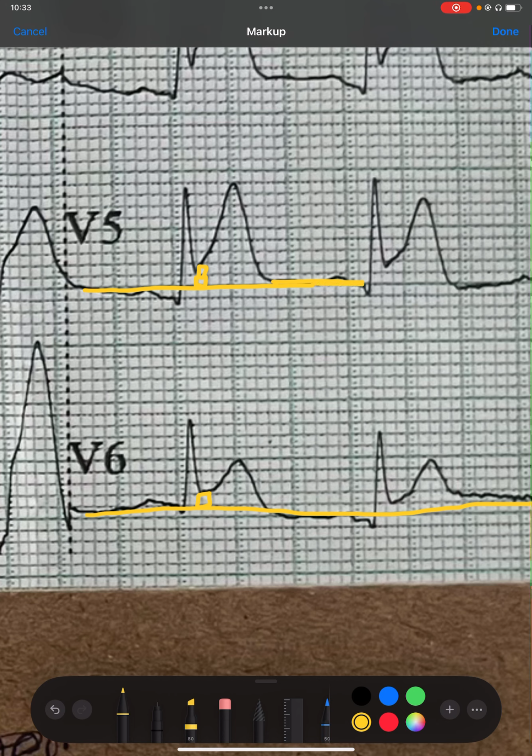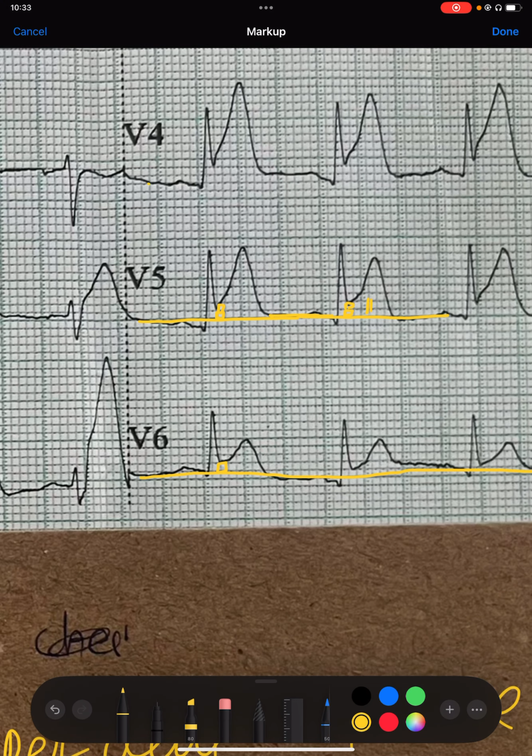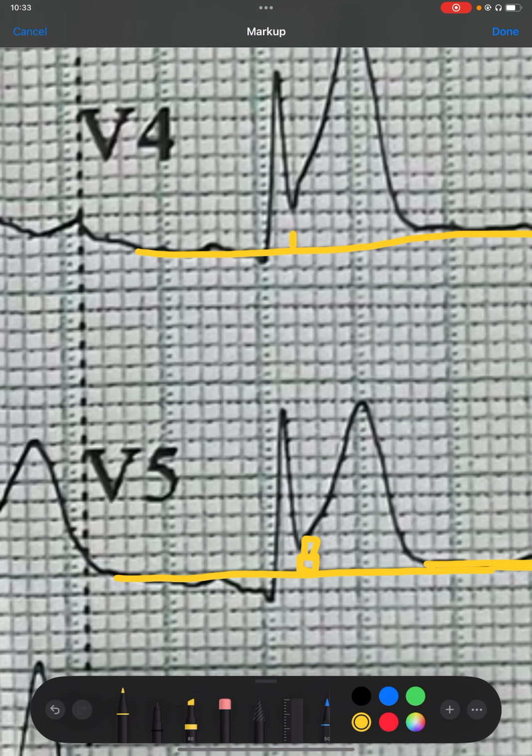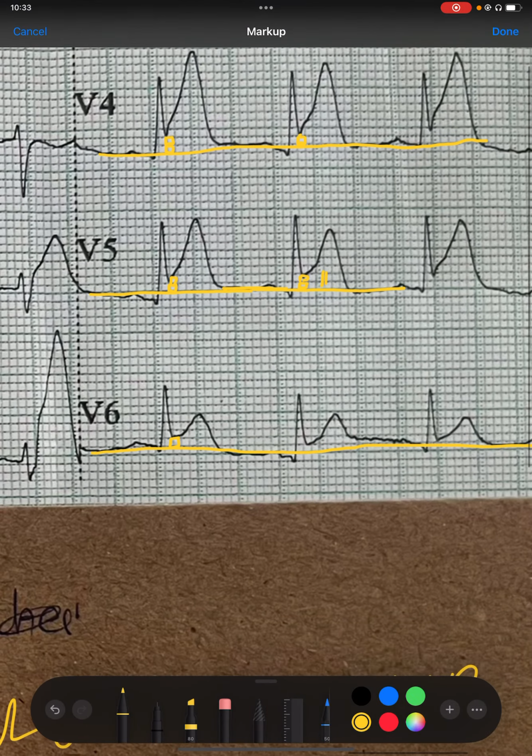This is one small box and two small boxes, so there is two small box ST elevation. Here, this is the baseline which is running, and there is crystal clear 1 millimeter and 2 millimeter ST elevation. Here also, it is around one small box and around two small boxes.